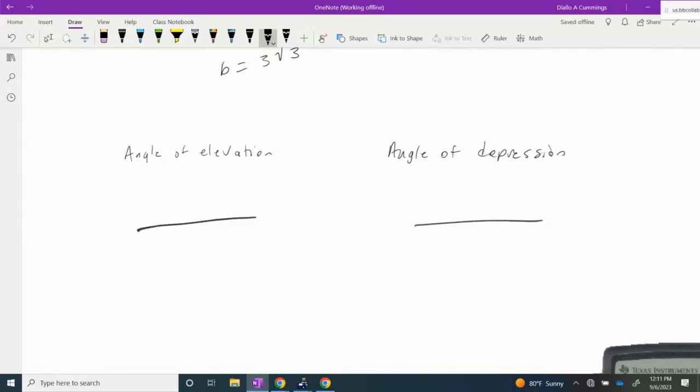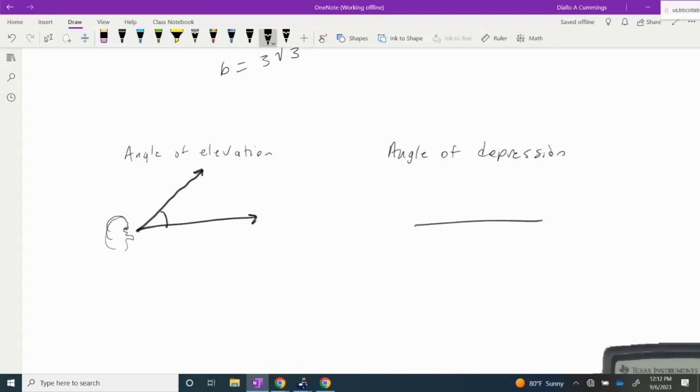So you have to have a horizontal. The angle of elevation is here. If you think about it as a person, that's a funny looking person, but if that's the person's eyesight, my eyesight would be level, and an angle of elevation would be looking up from that horizontal.